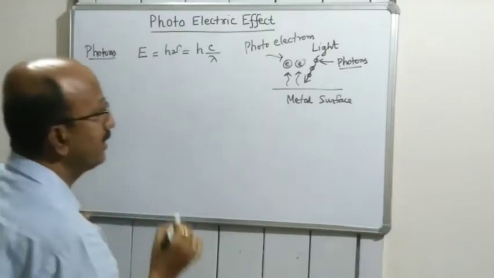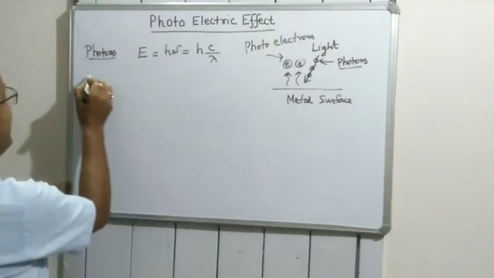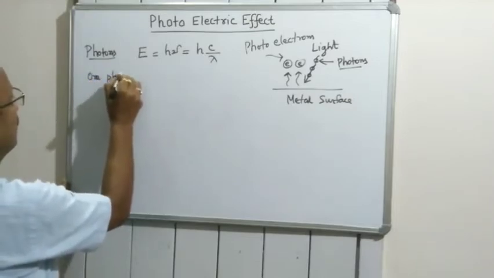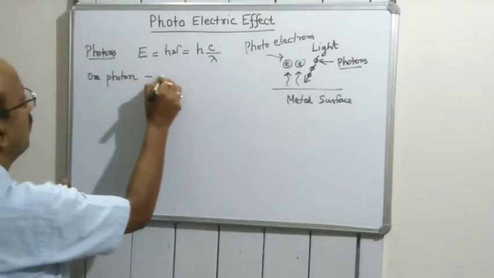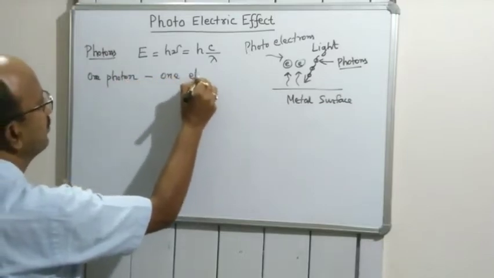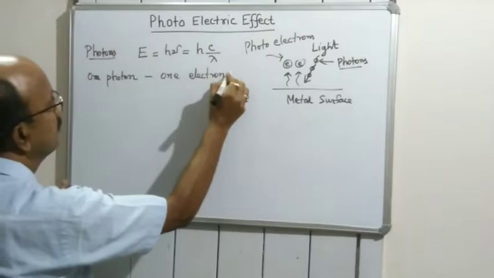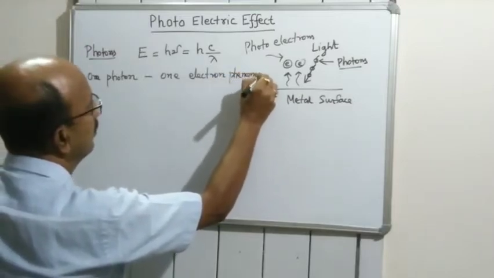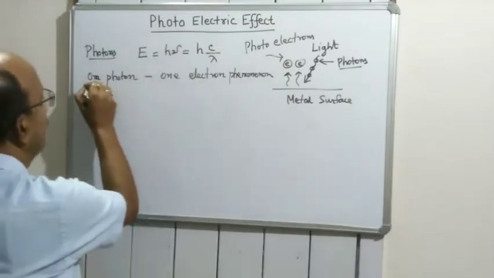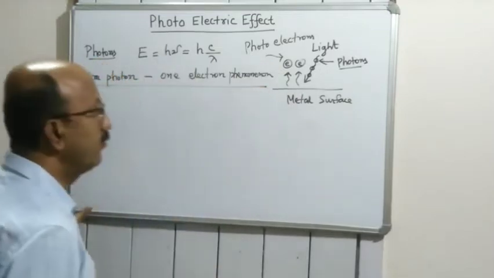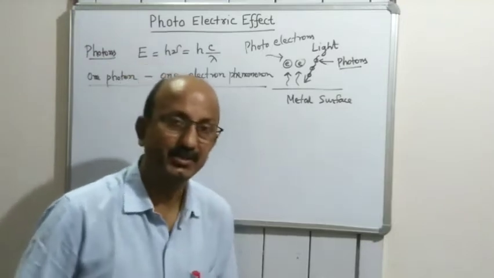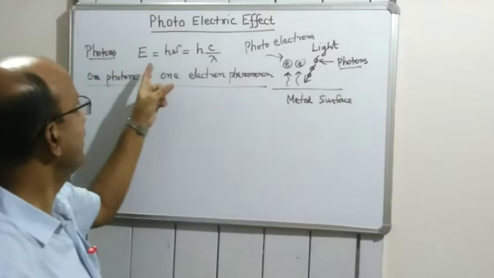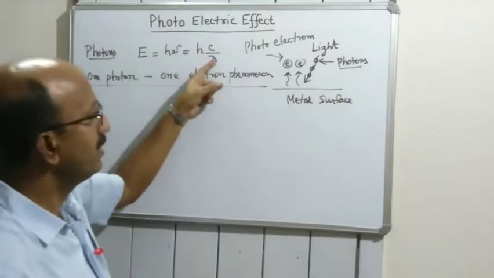Now in this photoelectric effect, you will see that it is entirely a one photon, one electron phenomenon, which means that each photon has energy given by E equals h nu or hc by lambda.